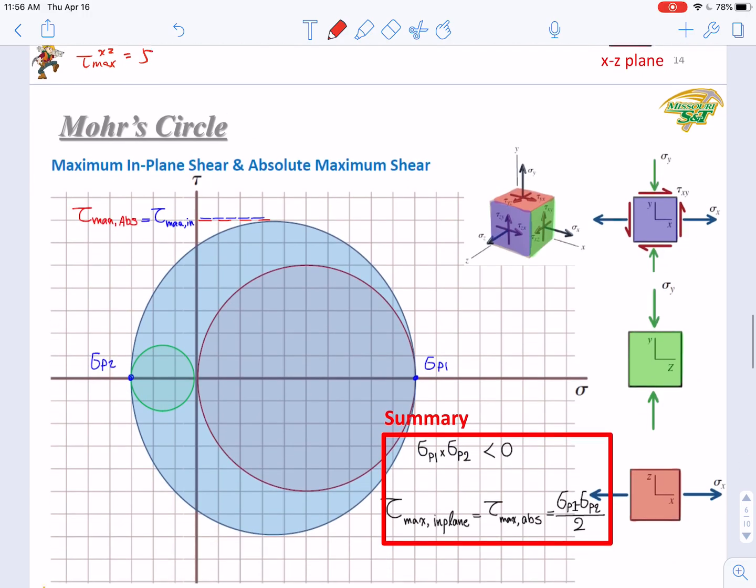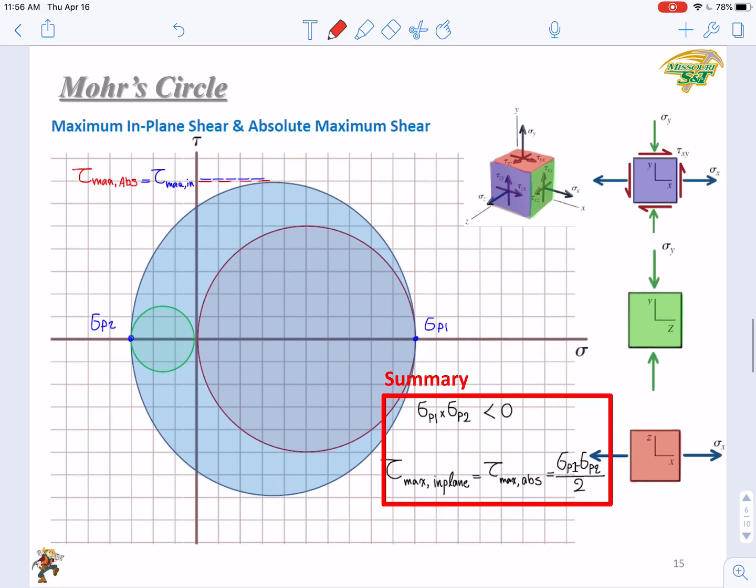To summarize this, if sigma p1 times sigma p2 is negative, meaning that they have different signs, then the maximum in-plane shear stress and the maximum absolute shear stress will be the same, and their values will both be sigma p1 minus sigma p2 over 2.